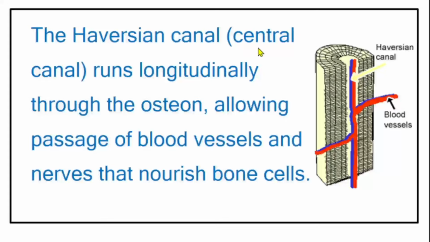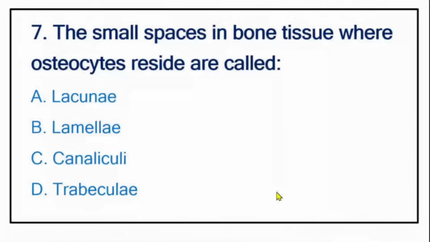The Haversian canal or central canal runs longitudinally through the osteon, allowing passage of blood vessels and nerves that nourish bone cells. Seventh question. The small spaces in bone tissue where osteocytes reside are called lacunae, lamellae, canaliculi, trabeculae. There are some terms that resemble each other. Here the correct answer is lacunae.